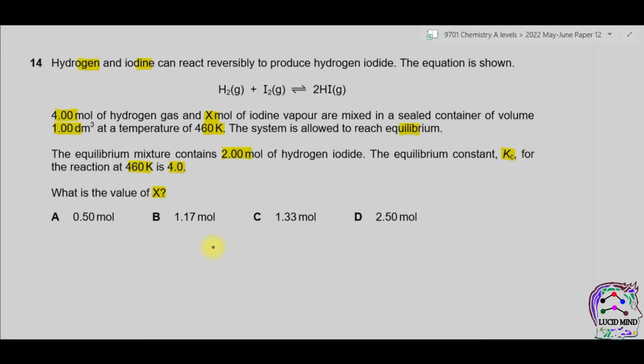Now they have given the hydrogen iodine equation. All are gases and we have number of moles, we have volume. Initially they have given 4 moles of hydrogen gas and X moles of iodine vapors. So let's write initial.